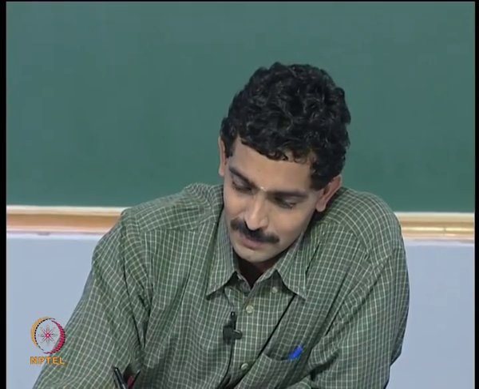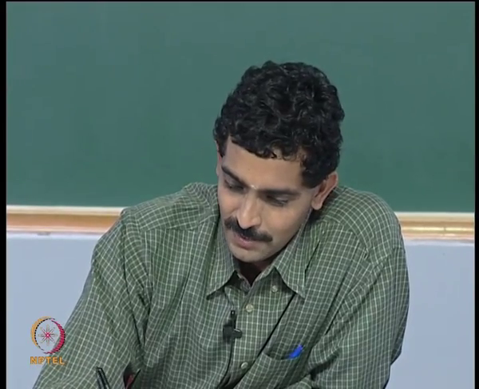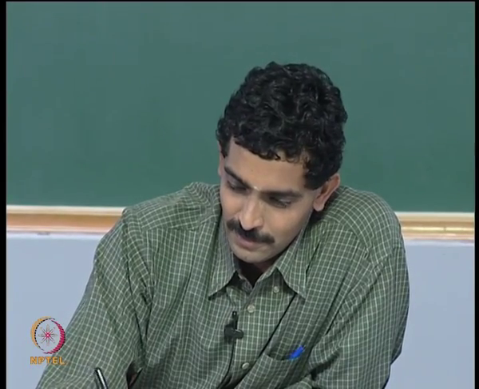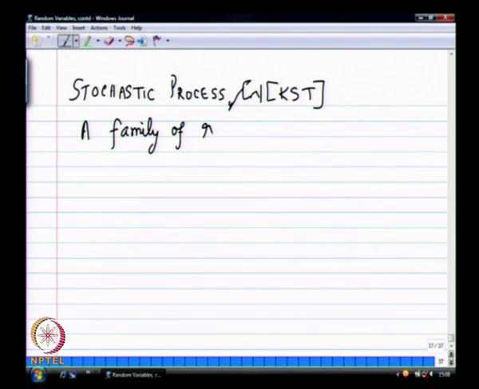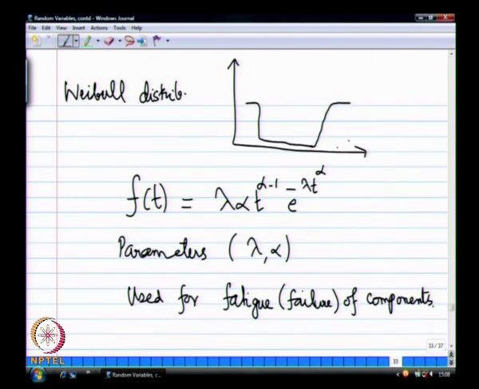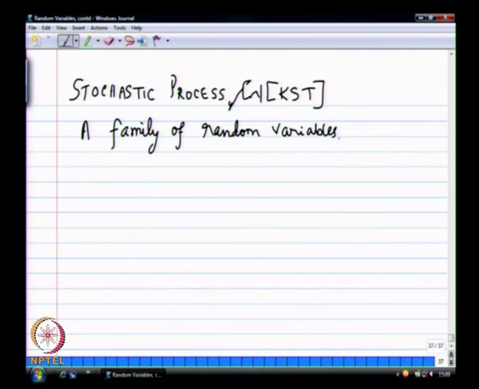Okay, so a stochastic process is basically a family of random variables indexed by some parameter.